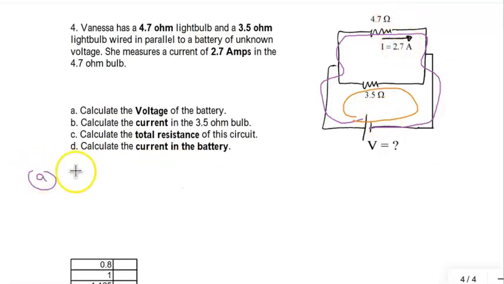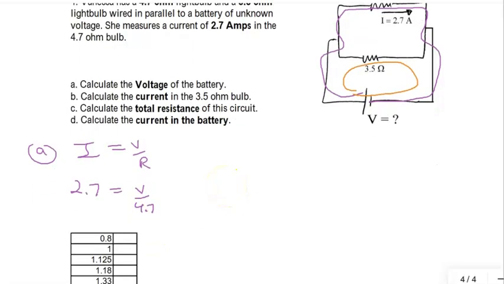Okay, so I equals V over R. We know that I is 2.7. We don't know the V. R is 4.7. So multiply both sides by 4.7. And you get that the voltage is 12.7 volts. Yay.